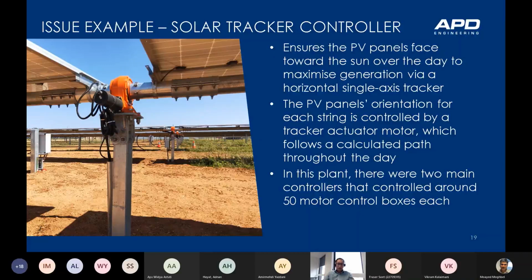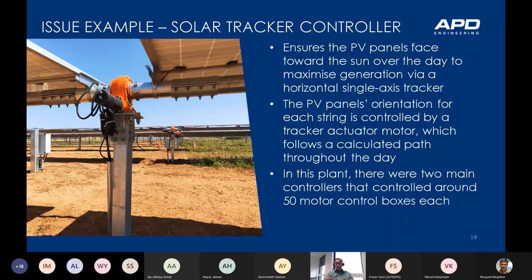The solar tracker controller ensures the PV panels face towards the sun over the day. The PV panel's orientation for each string is controlled by tracker actuator motors, which follow a calculated path throughout the day. And in this plant, there were two main controllers that controlled around 50 motor control boxes each.